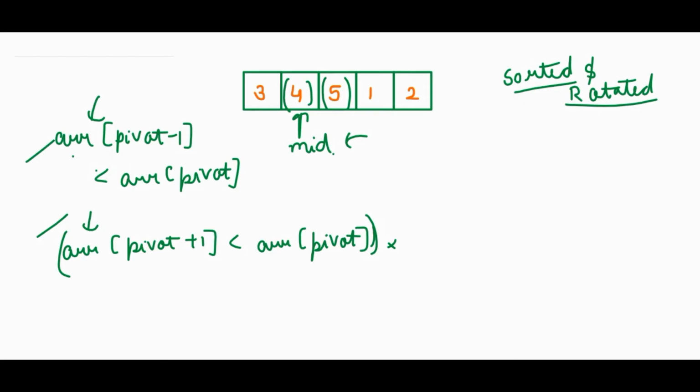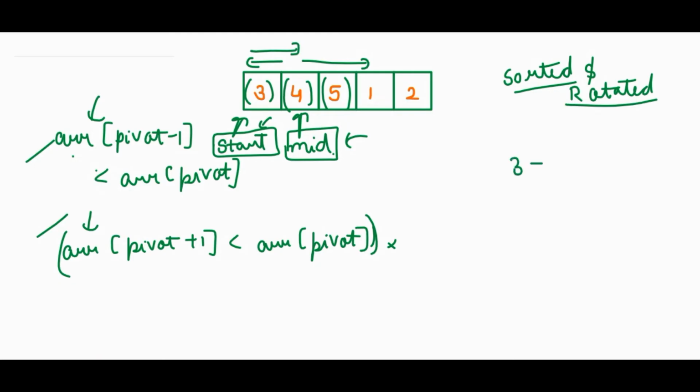So how can we decide whether we have to go left or right? Let's say our start is pointing at the first position. We have to see that wherever the start is pointing, if that element is less than the mid element, that means the array is increasing in this direction, right?